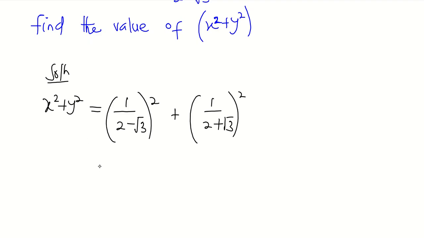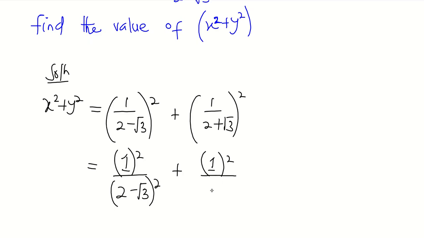Now we have to simplify, and we can see that the square is going to affect the numerator and the denominator independently. So we have 1 squared divided by 2 minus square root of 3 all squared, plus you also have 1 squared divided by 2 plus square root of 3 all squared.